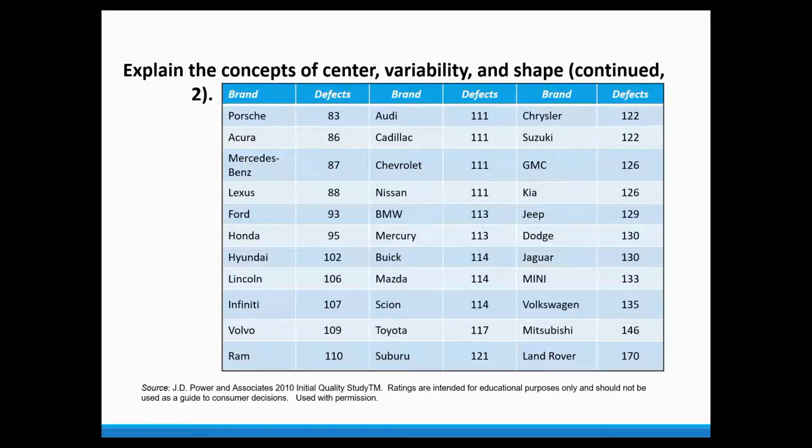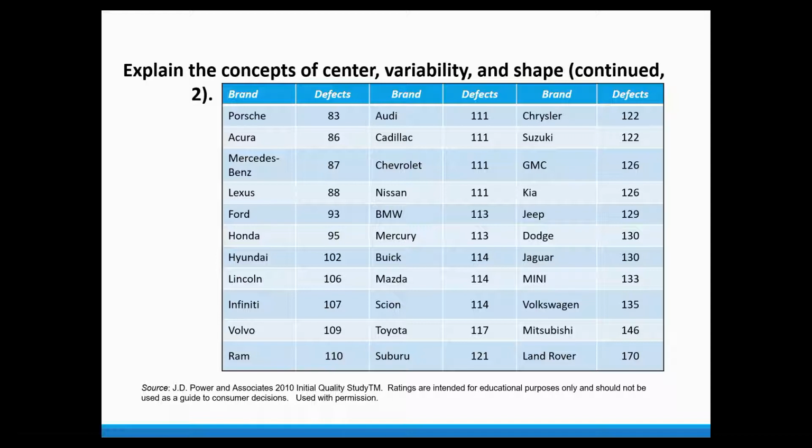As we sorted our data, we would consider that there is the left, which starts with 83, and the right of the data, which ends at 170, and the center of the data, which is between 111 for Audi and 121 for Subaru.